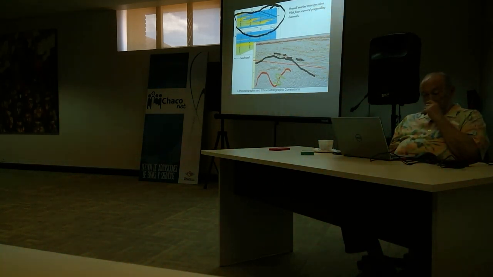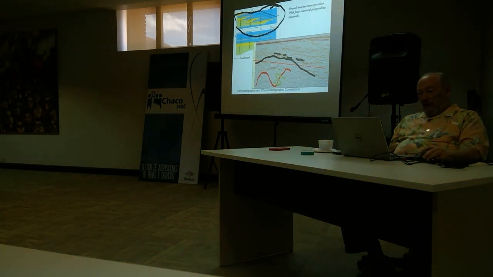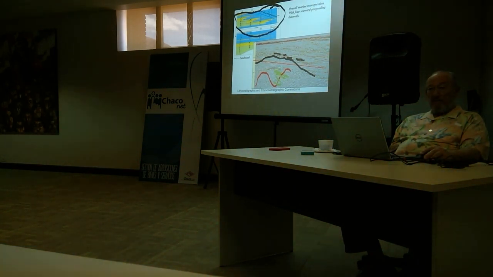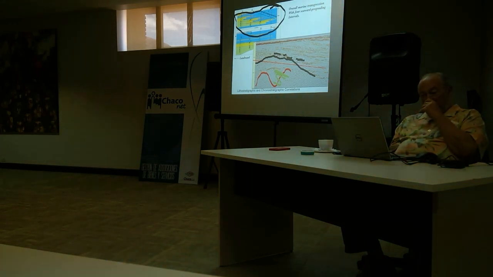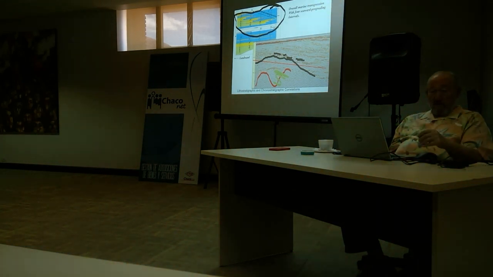Where would your condensed section and maximum flooding surface be? Should it be below or above? Anybody? Should be above. Okay, you've got early transgression, and then, as I said before, you've got your maximum flooding surface and your condensed section at about that point on your sea level curve.